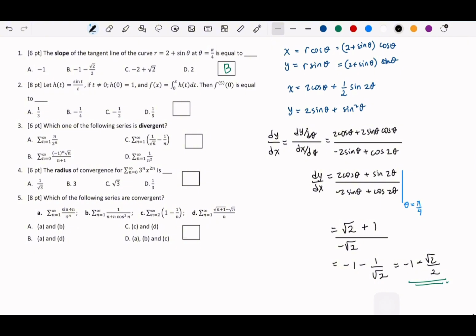For 5, basically, we need to check every single series, whether they diverge or converge, and then see the combinations in the answers. Which one is converged?